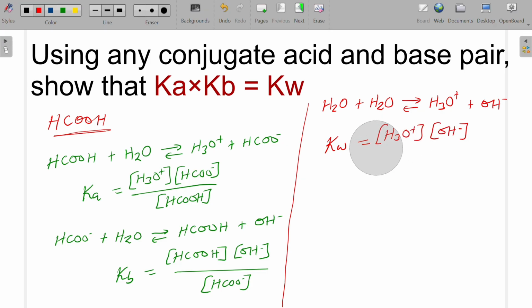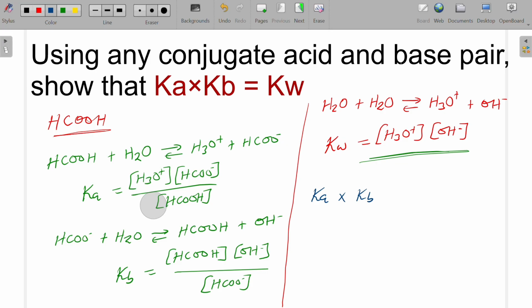So our Kw will just be the way it is, like this. So this is our Kw expression. Well, after this, our job is almost done. All we have to do is multiply our Ka by Kb.